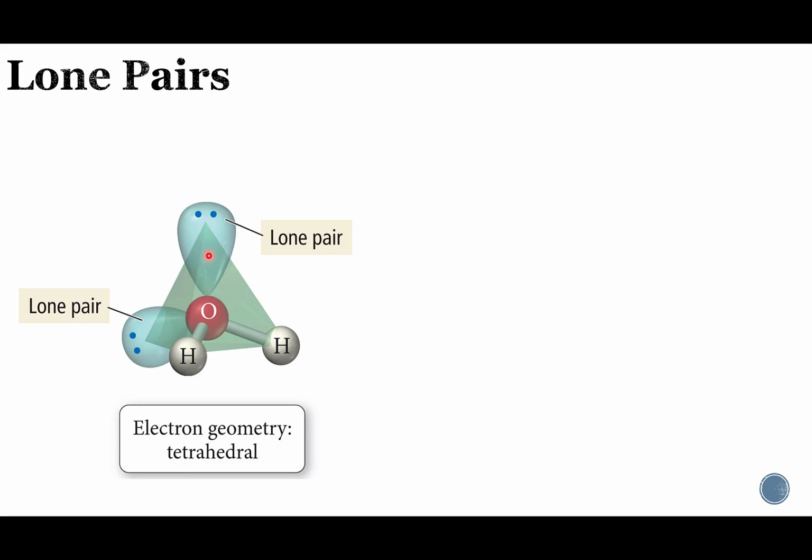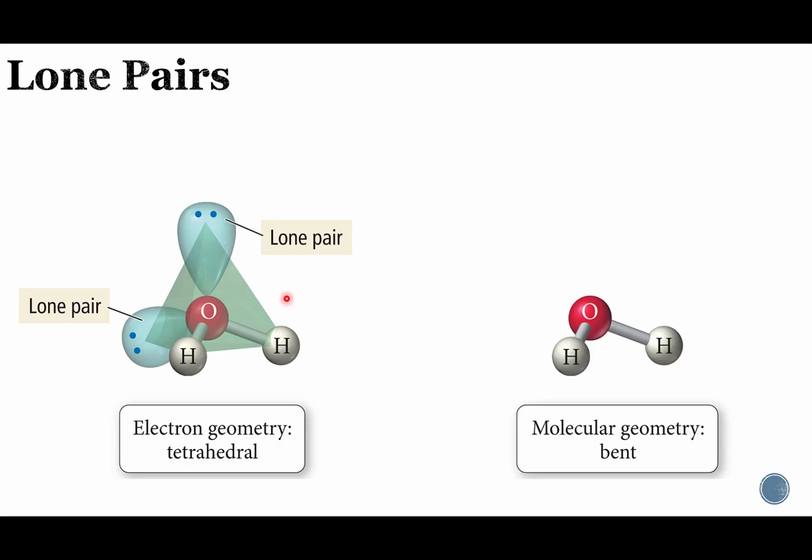But if we were to draw the molecular geometry, hiding those lone pairs, we're going to get a geometry that's bent. So this angle right here is roughly 109.5, and the molecule is a bent molecule.